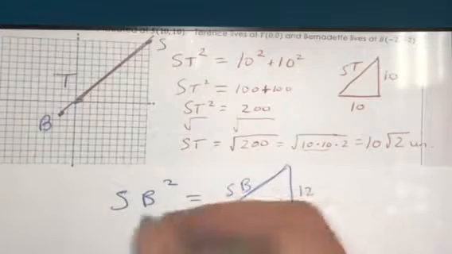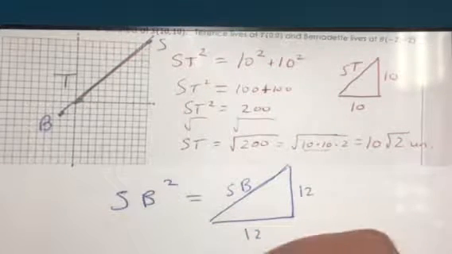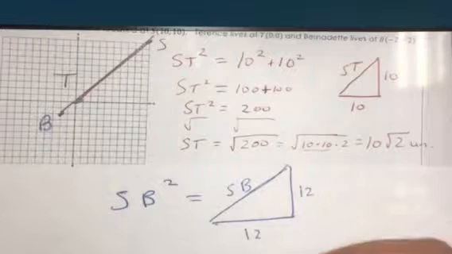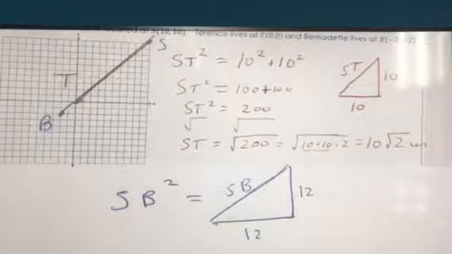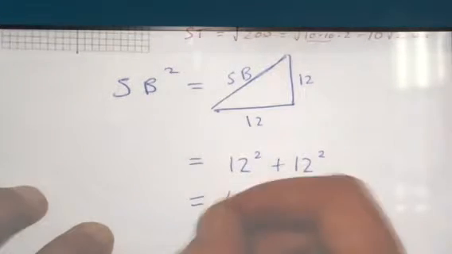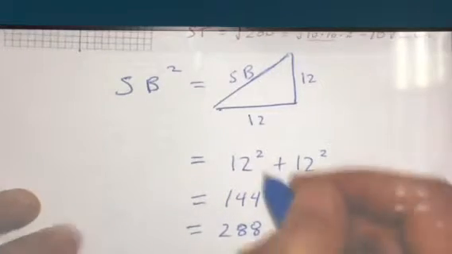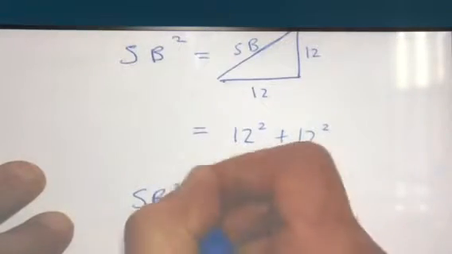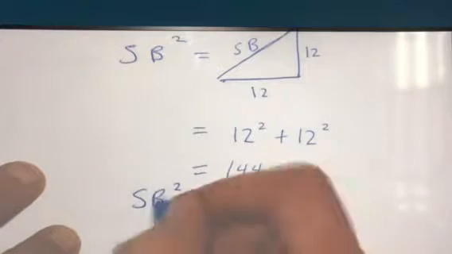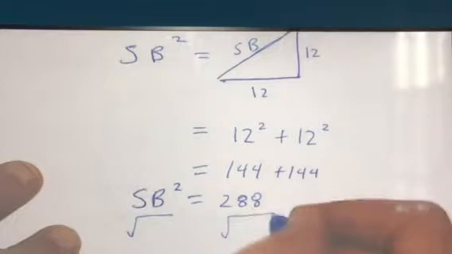So C squared, the hypotenuse squared, equals 12 squared plus 12 squared equals 144 plus 144. Sorry you couldn't see that. This equals 288. But that's not SB, that's SB squared. So to figure out what SB is, we need to take the square root of both sides.